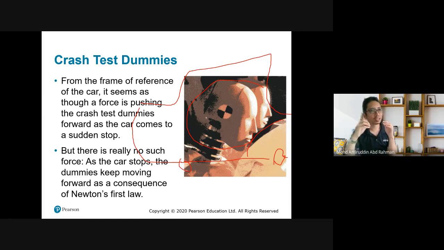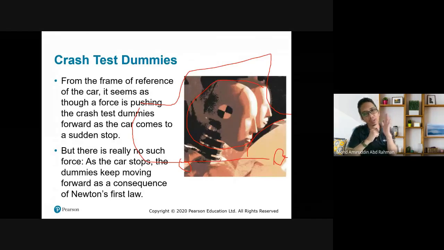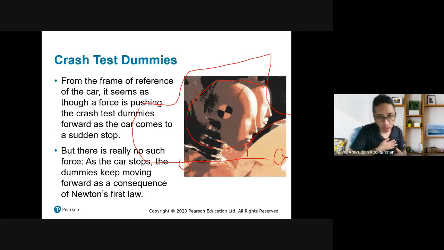The car has already decelerated, but you yourself are still moving at the speed of the car. So that's why there will be a jerk moment, and your body will be pushed towards the front of the car, or towards the dashboard.